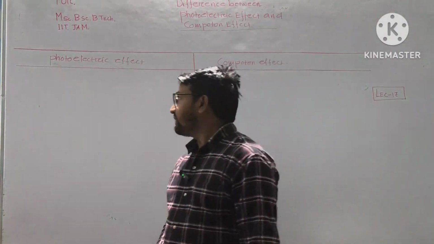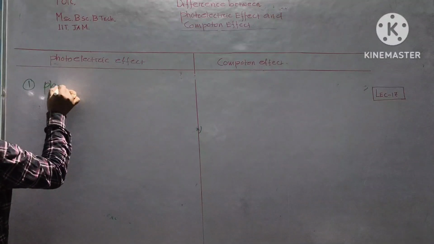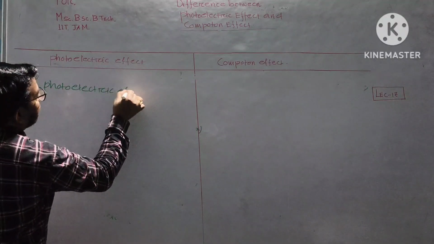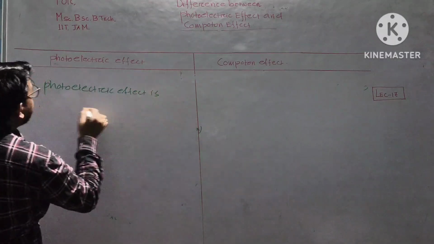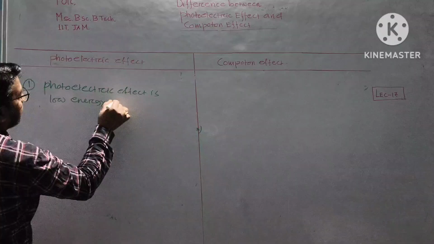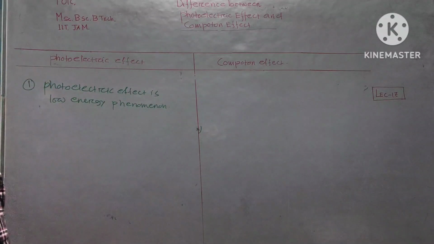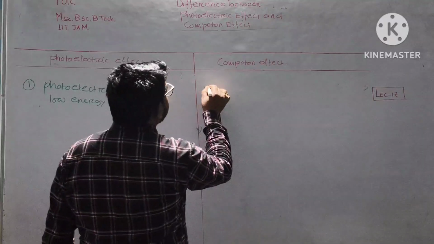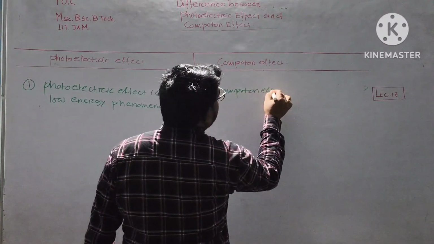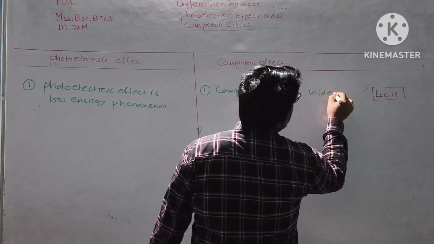Our first difference: the photoelectric effect is a low energy phenomenon. On the other hand, the Compton effect is a mid energy phenomenon.